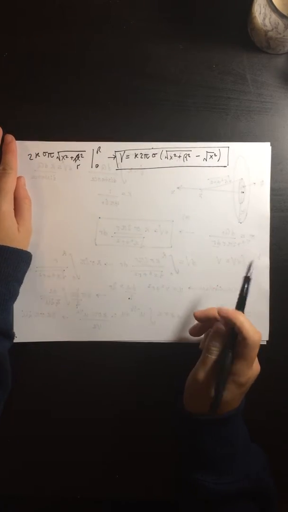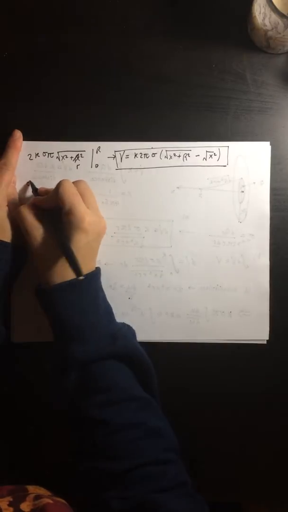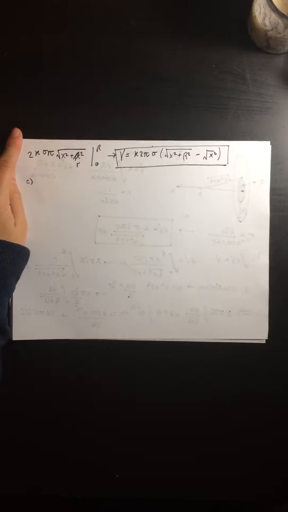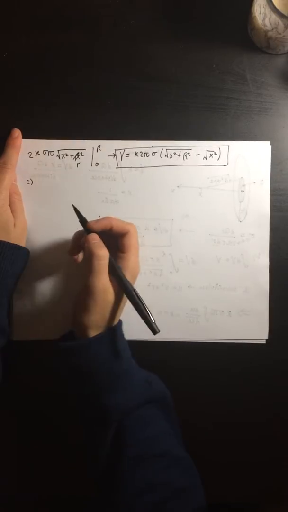Okay. So, C. Our next question is, what is the potential in the limit when r over x is much, much less than 1, i.e. very far away? Is this the expected result? You may use the approximations at the end of the reference sheet.